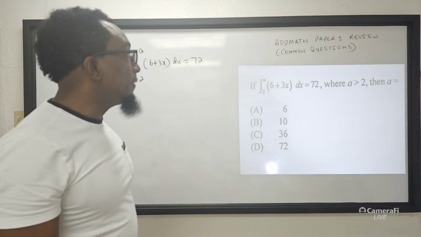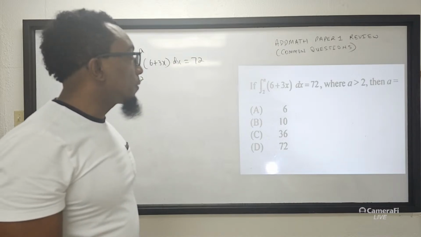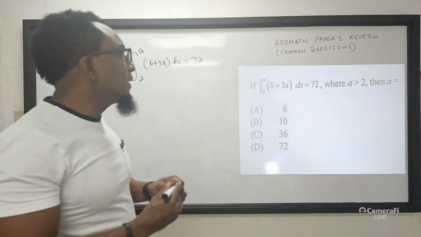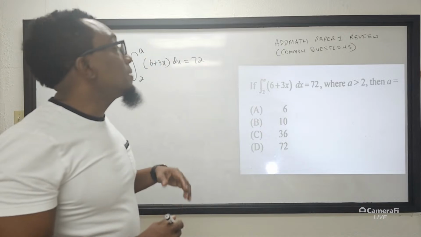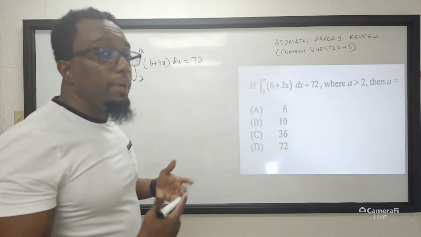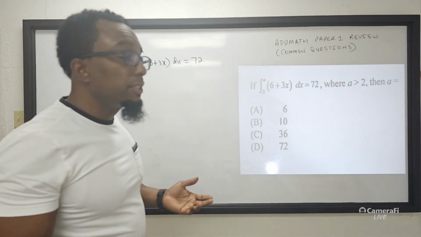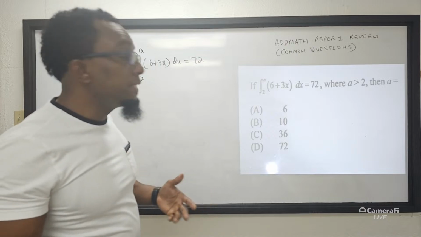Common question as well. We have to find a, right? So how are we going to find it? The trick with this question, you can integrate it, you can substitute a, you'll get an equation, which will be a quadratic equation, and you have to find a, which will take some time.